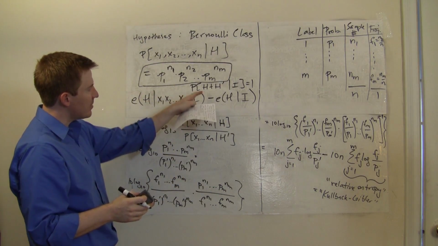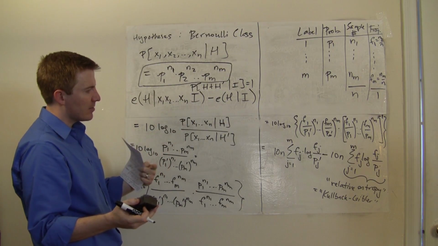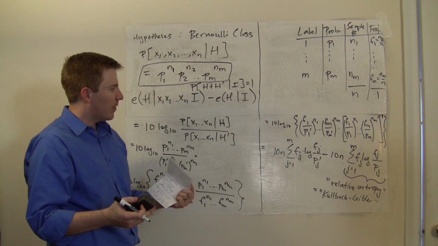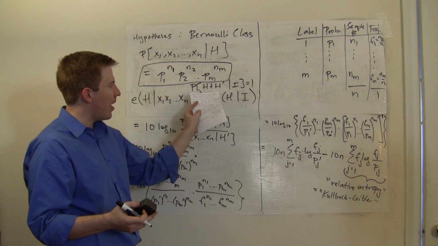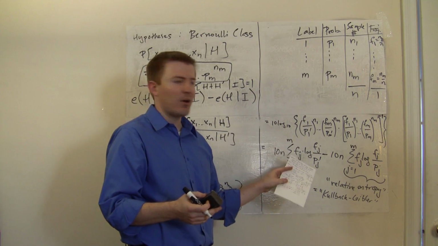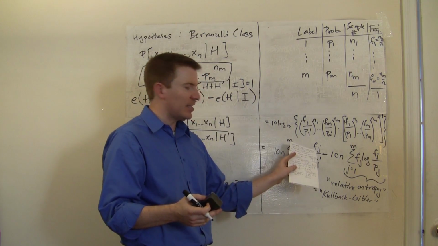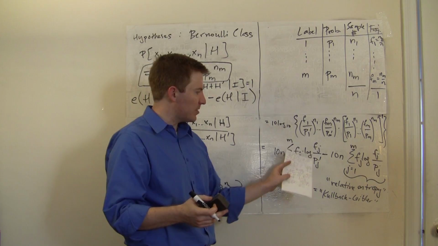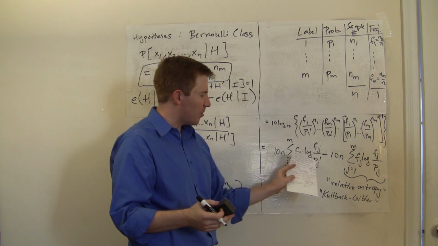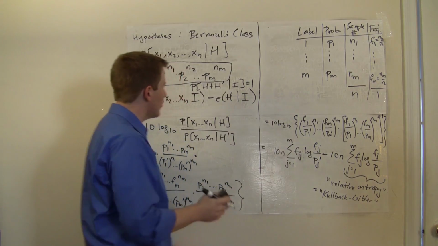But something else to observe here is that we're talking about testing a hypothesis against another hypothesis. Well, what's the best that we could possibly do? The best that we could possibly do would be the hypothesis H prime, where these two things are exactly matched. Our probability predictions are exactly equal to the realized frequencies, in which case this ratio is going to be 1, the log is going to be 0, and our sum is just going to be 0.